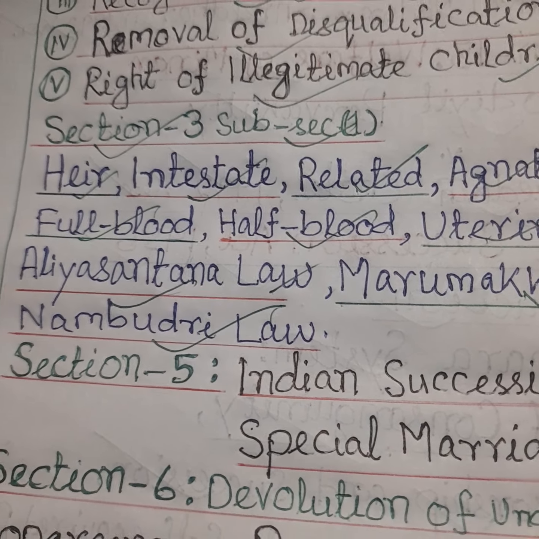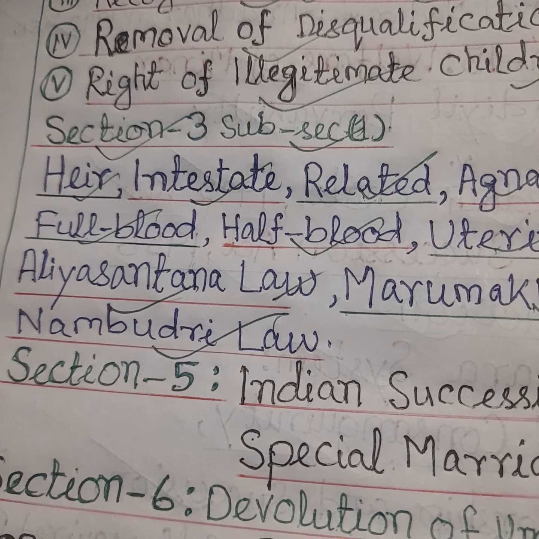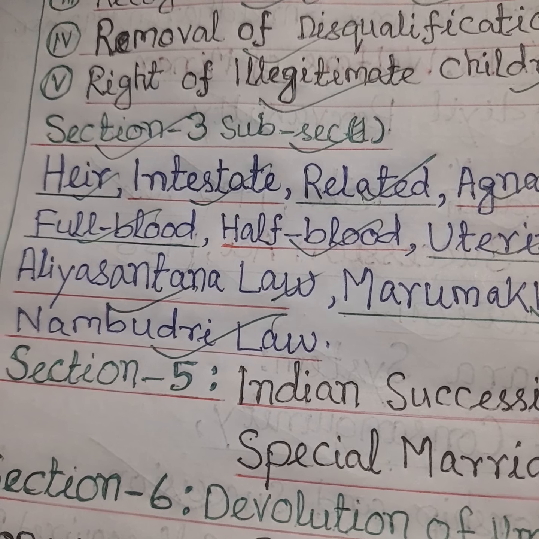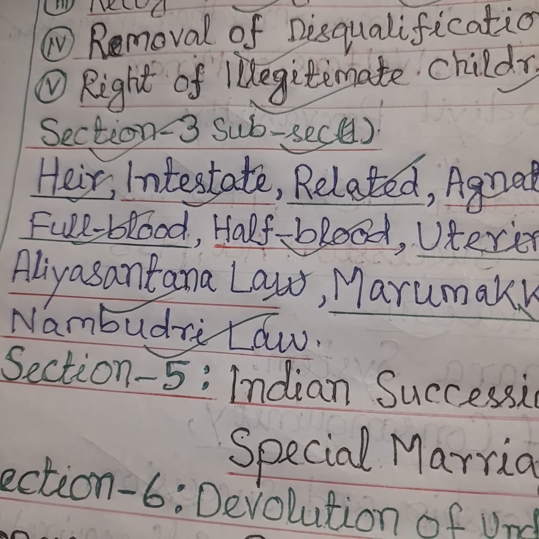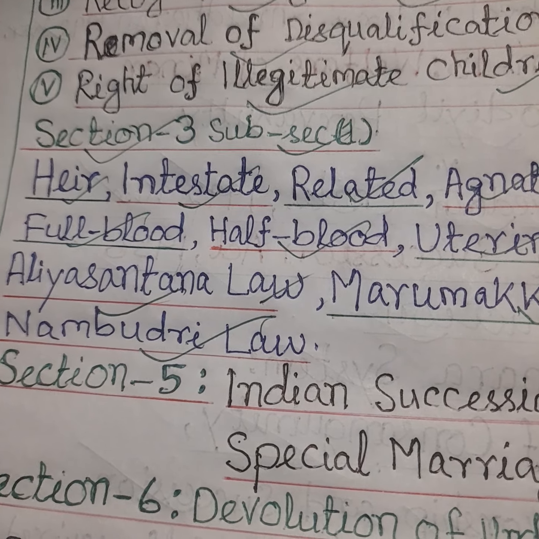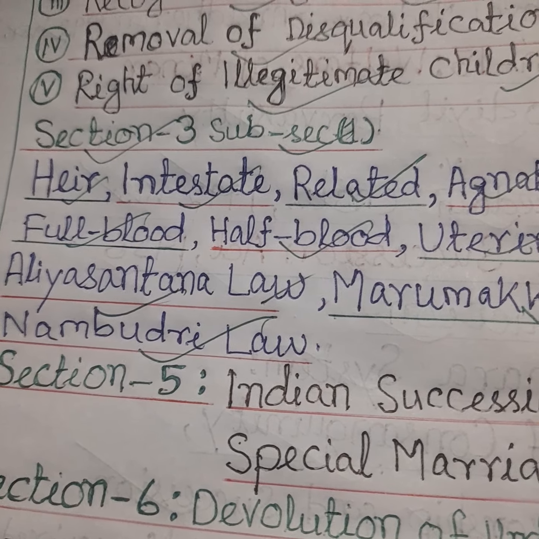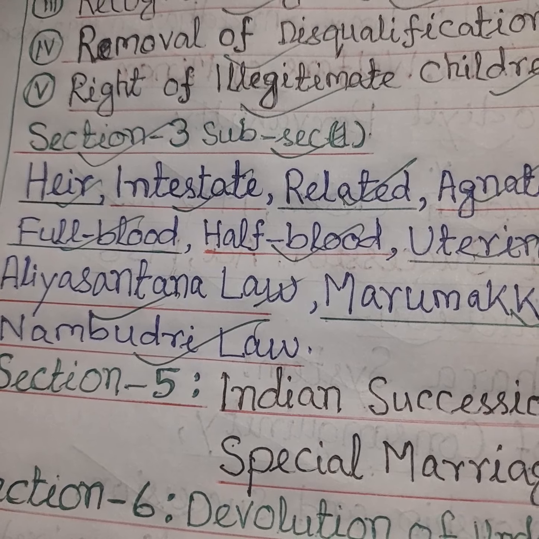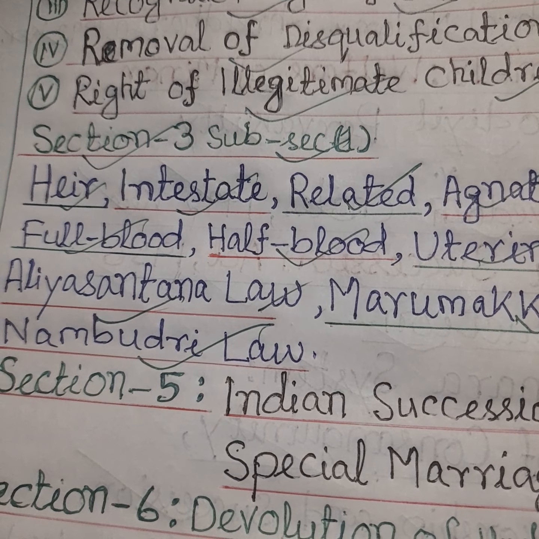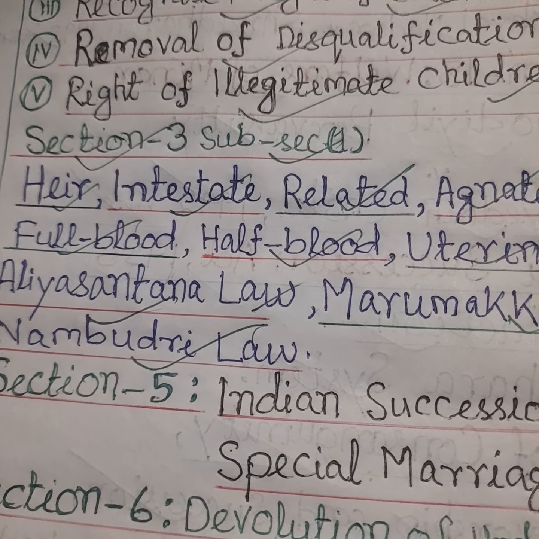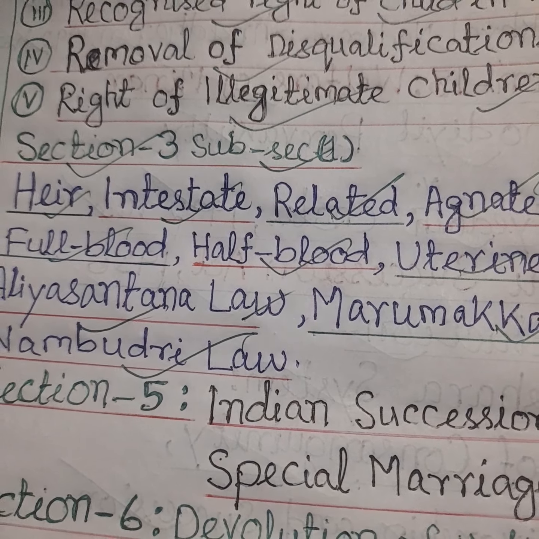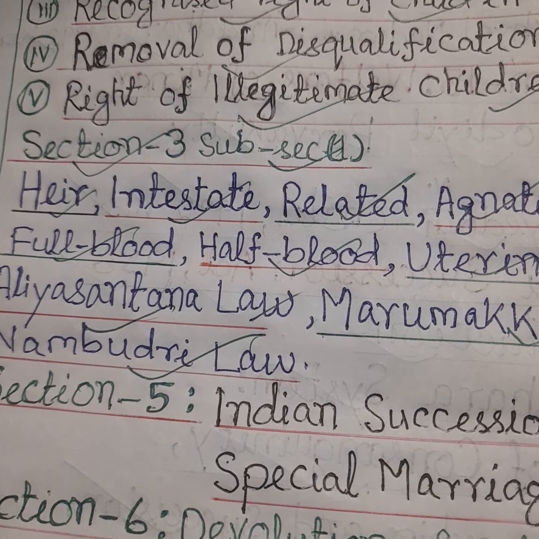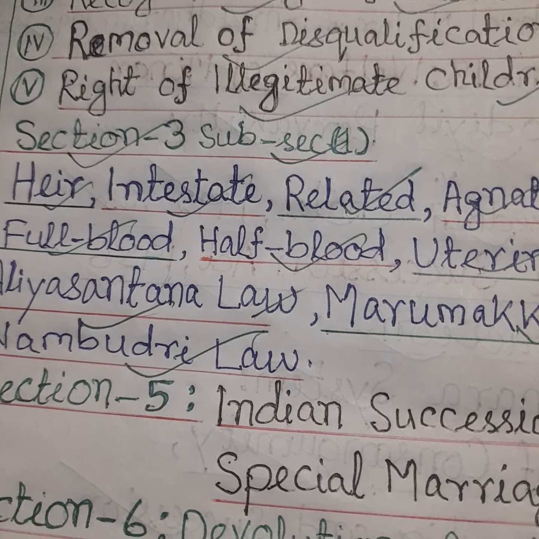Regarding Marumakkattayam law, this system is applicable to persons governed by the Madras Marumakkattayam Act of 1932 or the Travancore Acts and Cochin Acts.